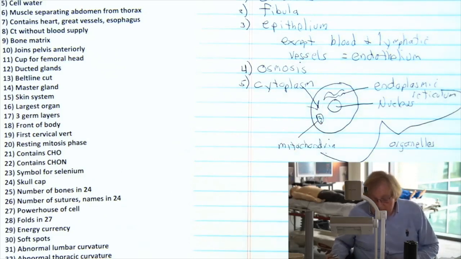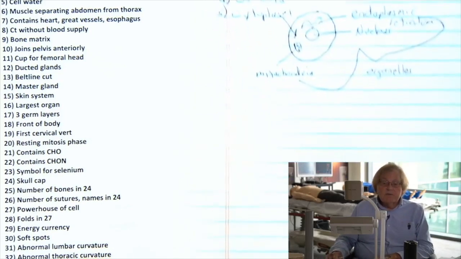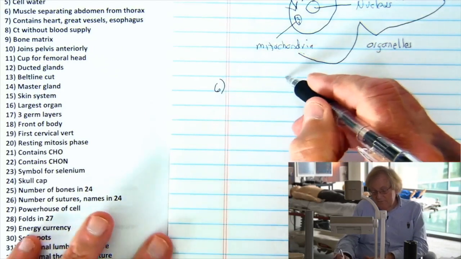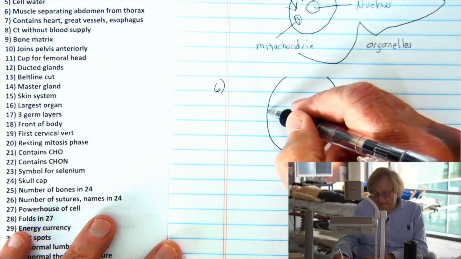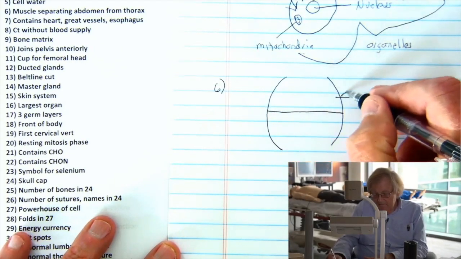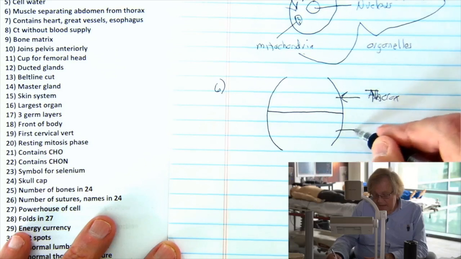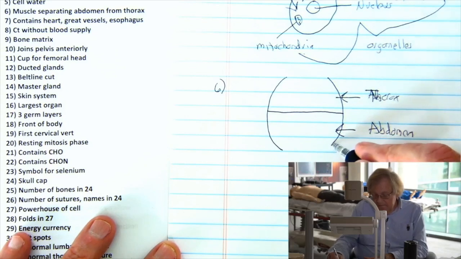Number 6 says the muscle that separates the abdomen from the thorax. So if we take a very simple drawing, this up here would be the thorax, and this would be your abdomen. And this would be the pelvic region.